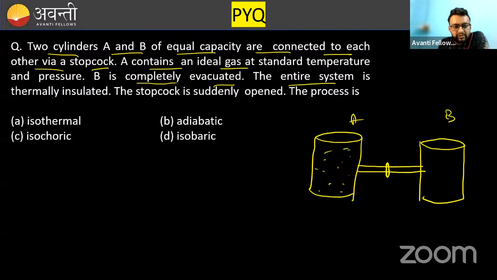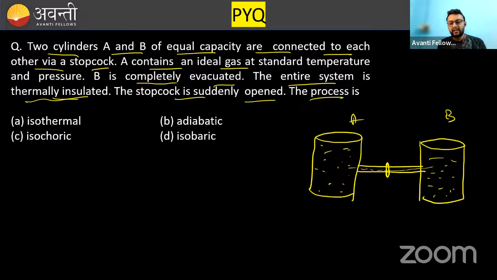The entire system is thermally insulated. Thermally insulated means no heat can transfer. The stopcock is suddenly opened. This is a very simple question, a previous year question. When the stopcock is suddenly opened, the gas will transfer to B as well. In the complete process, no heat can be transferred because the system is thermally insulated.